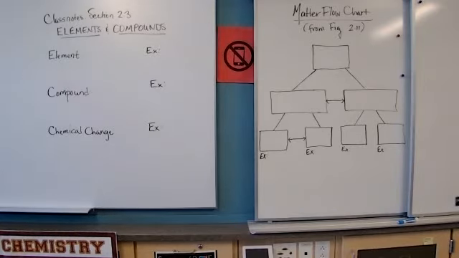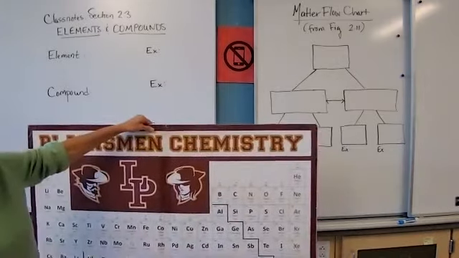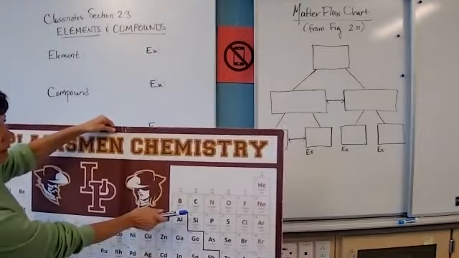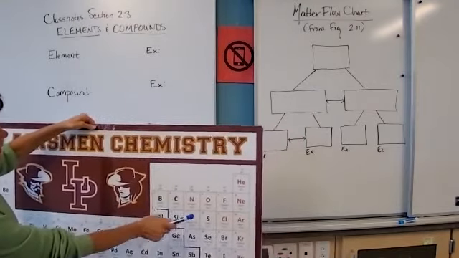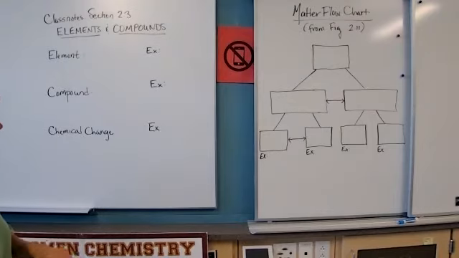Elements are going to be defined as the simplest form of matter that has unique properties. If we want to find particular elements, we would look at our periodic table. So I have a periodic table here, and I will just pull a couple of element names: boron, carbon, oxygen, and we'll put those as examples.